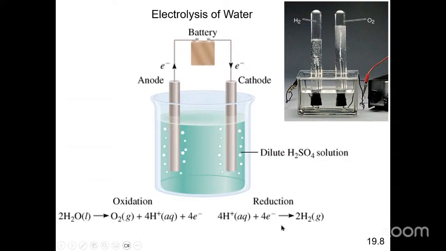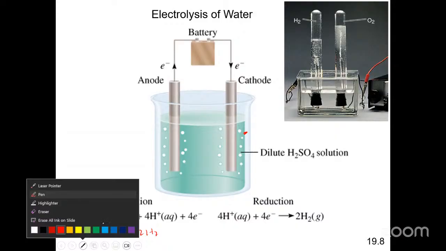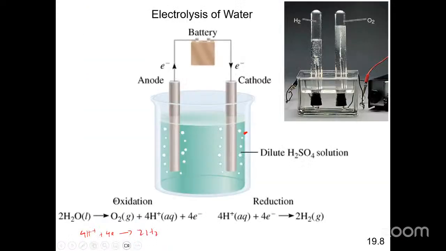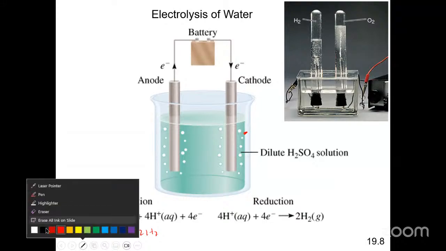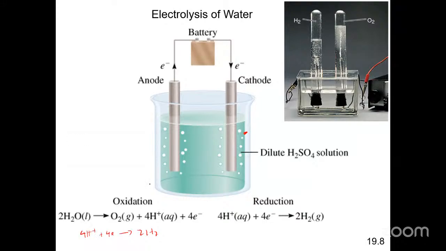If you were to add these two equations together, I'm going to write down the reduction reaction down here: 4H+ plus 4 electrons to form 2H2. Of course, the hydrogen ions will cancel out.